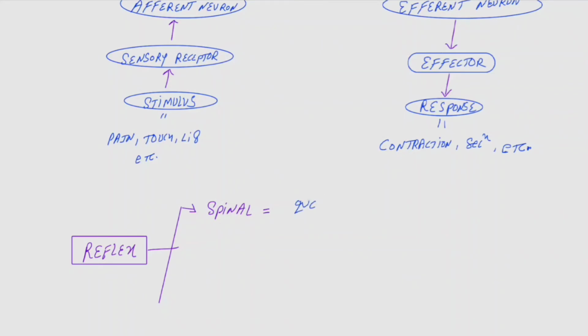That is quick action. An example of spinal cord reflex is withdrawal of the hand while pricking with a needle.